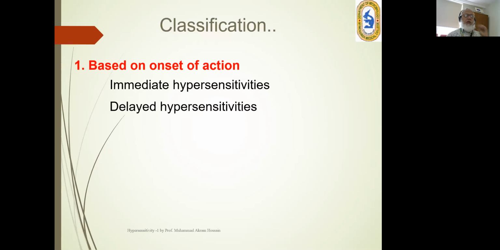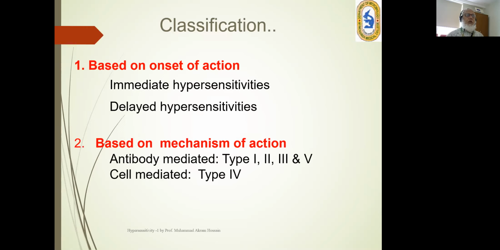So based on onset of action, it can be immediate hypersensitivity and delayed hypersensitivity. Immediate means within seconds or minutes, and delayed means within hours to days even. Based on mechanism of action, as I have said, it can be antibody mediated and it can be cell mediated.